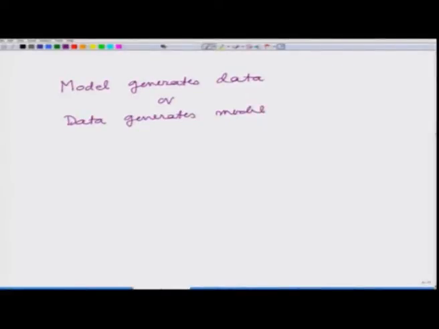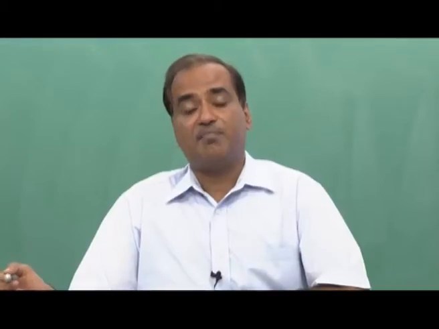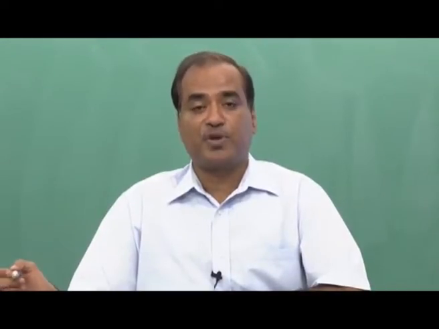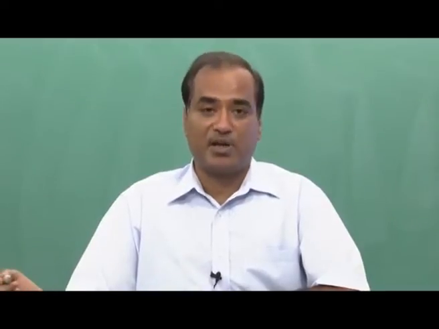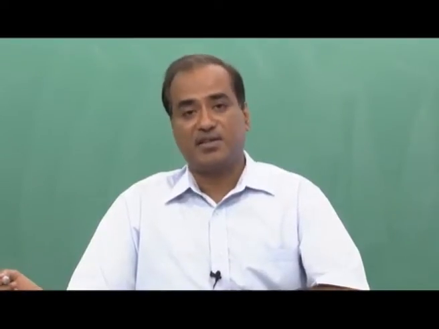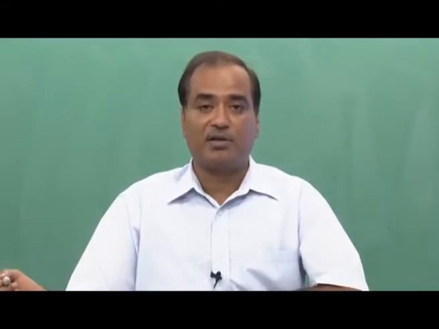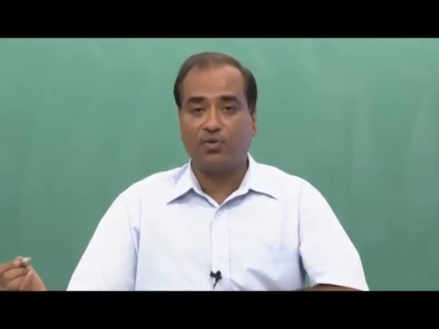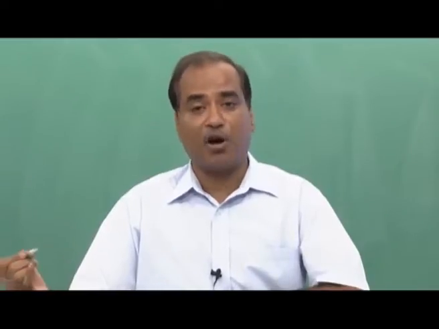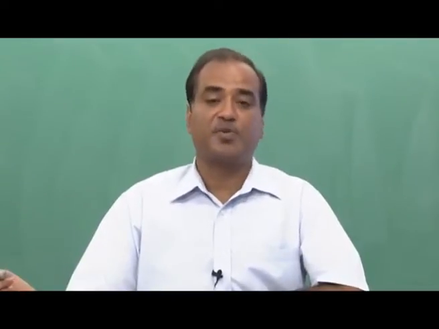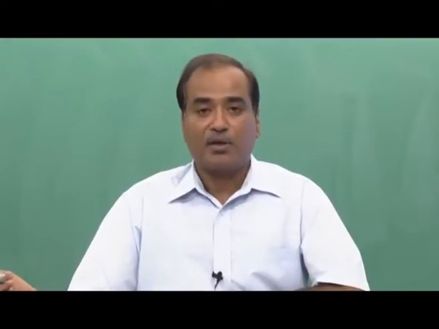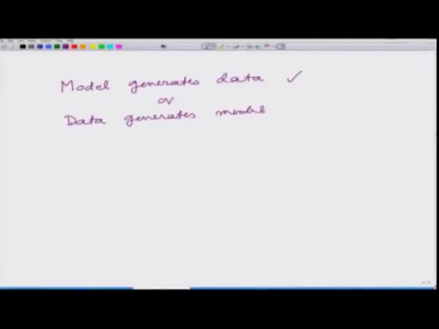In lecture 1 we discussed that a model is simply a mathematical relationship to express a phenomenon happening in nature, and as a statistician we have no authority to change the phenomenon, we simply observe it and try to present a model. So obviously the first sentence is correct, that the model generates the data, and the second sentence, that the data generates a model, is not correct, right.